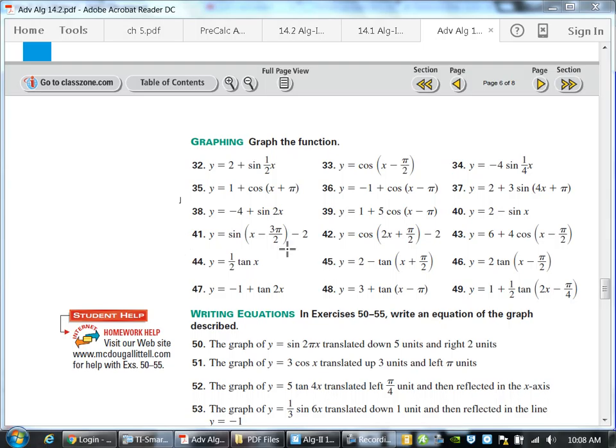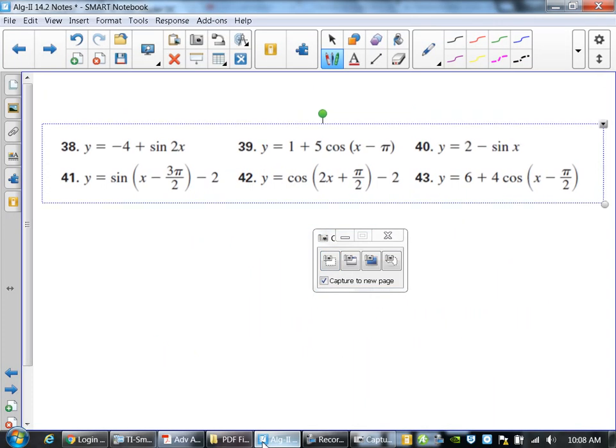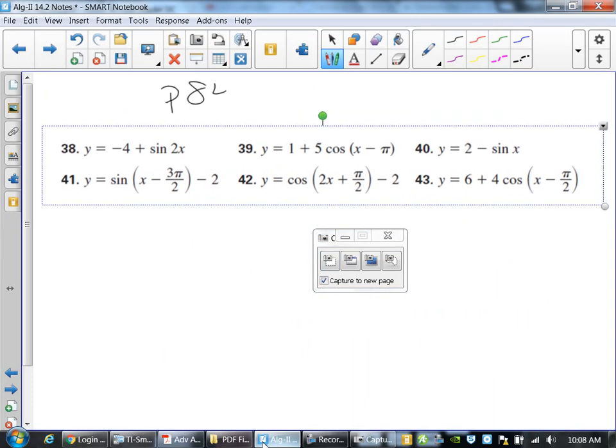Let's do 38 to 43. Six of these is enough, maybe 9. A couple of each one, I think, will be all right. Do those 6 with parent and the other ones.